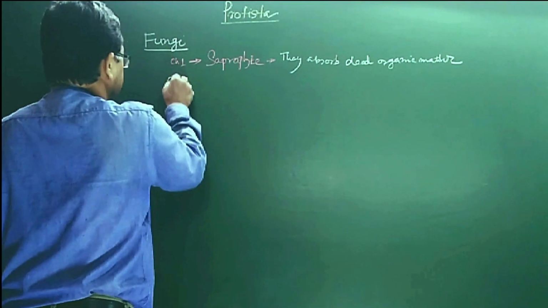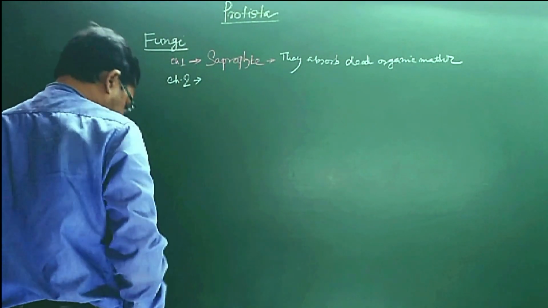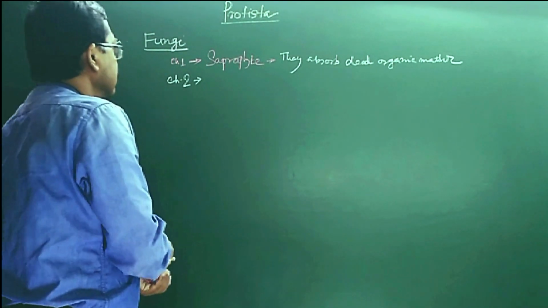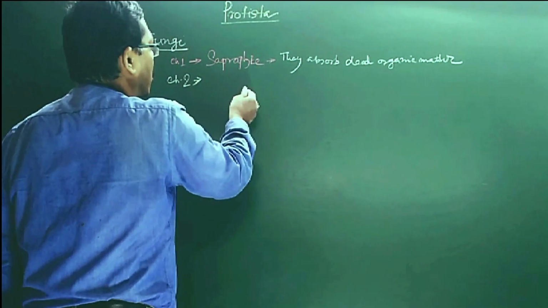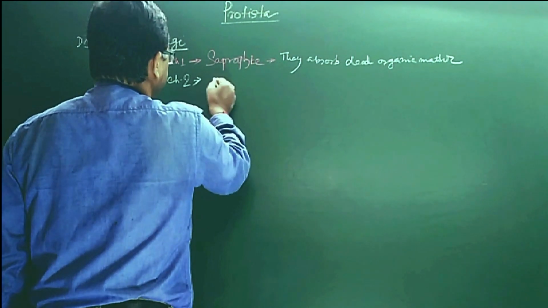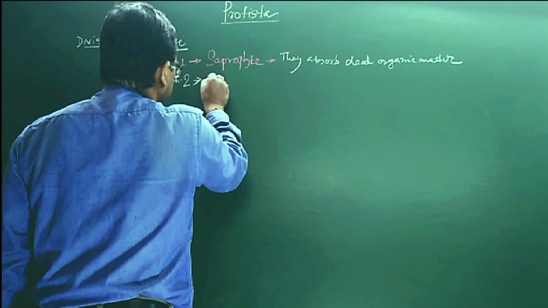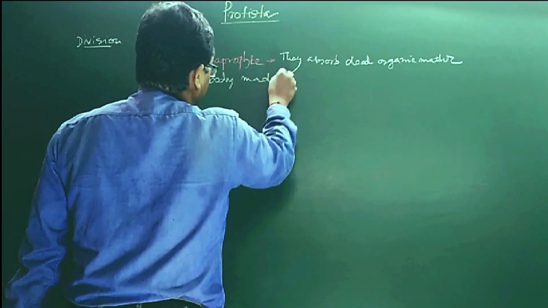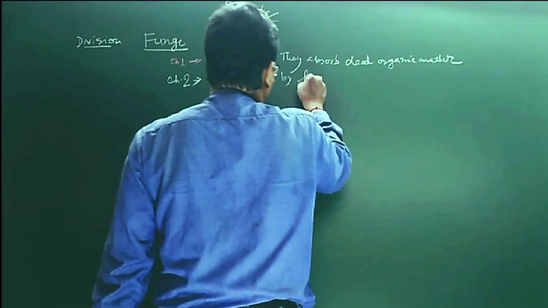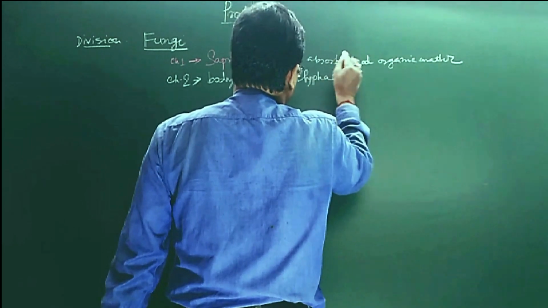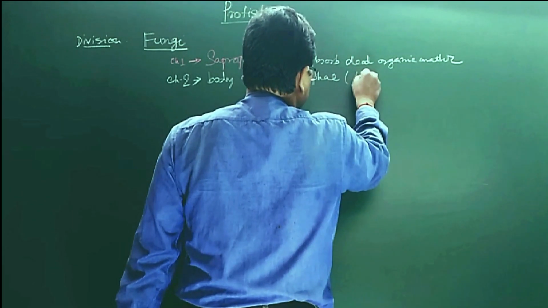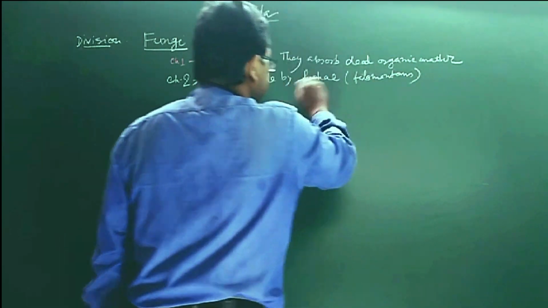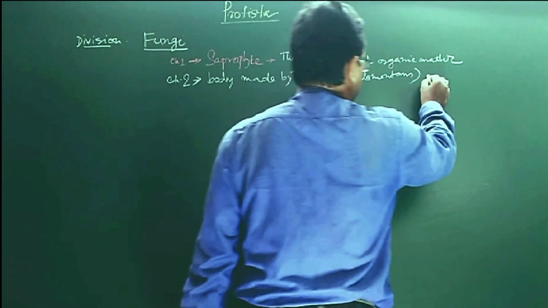Second character, they are also eukaryotic and the body is made by hyphae, filamentous. These hyphae are interconnected.